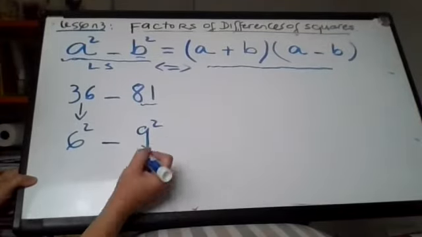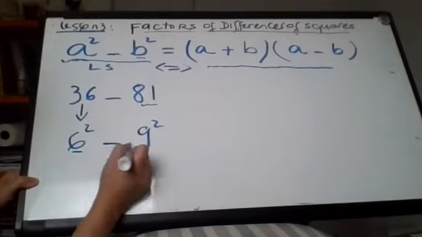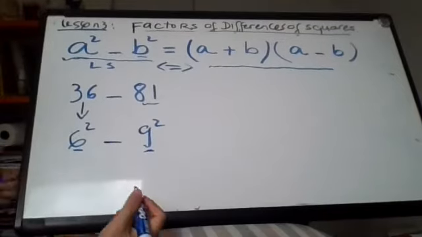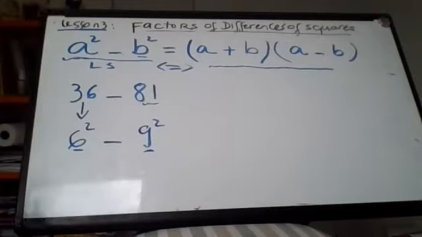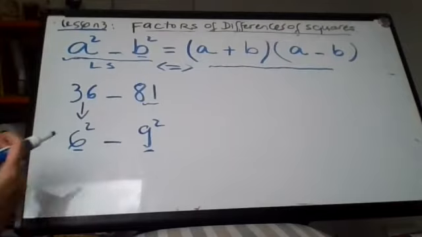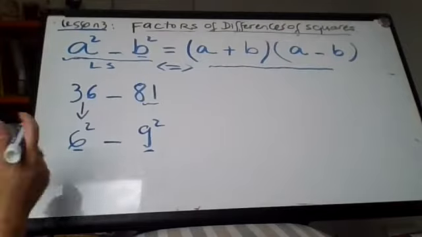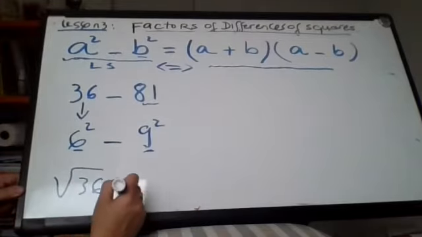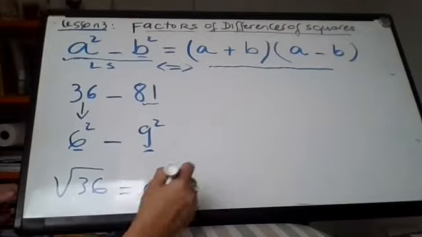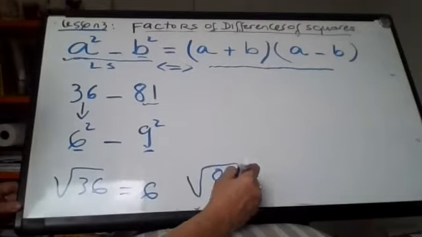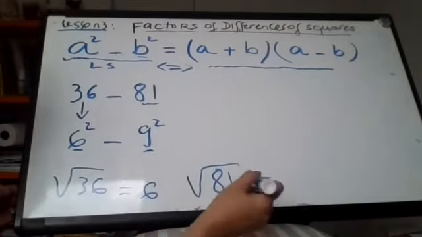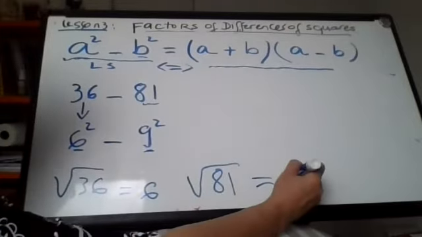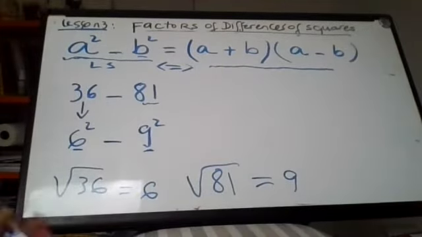How do I get 6 and how do I get 9? I know it in my head, but if you're not familiar with powers and roots, just use the calculator: take the square root of 36 to go back to the base of 6, and take the square root of 81 to go back to the base of 9.